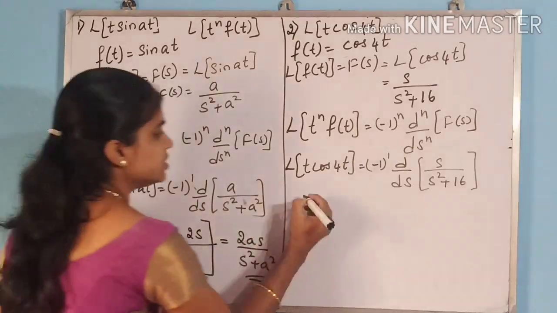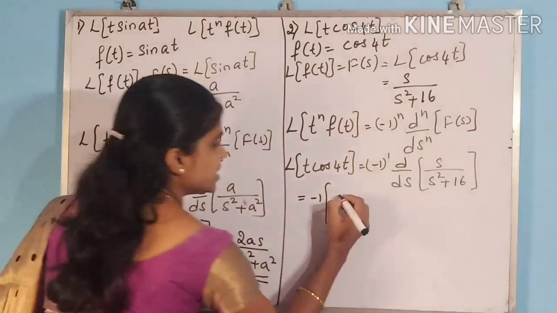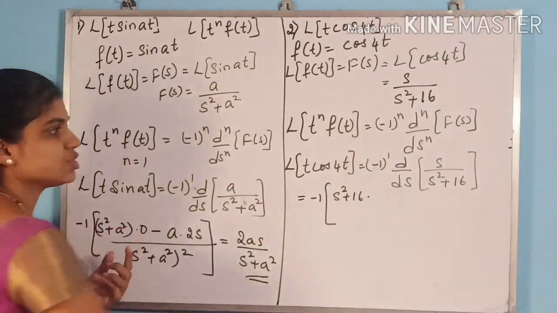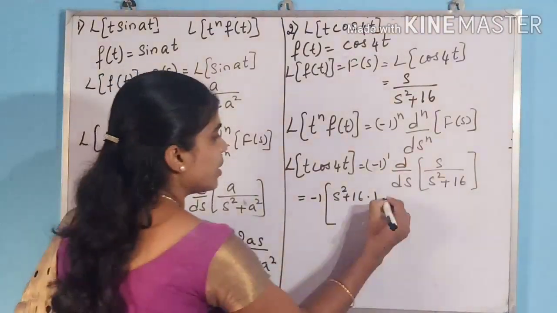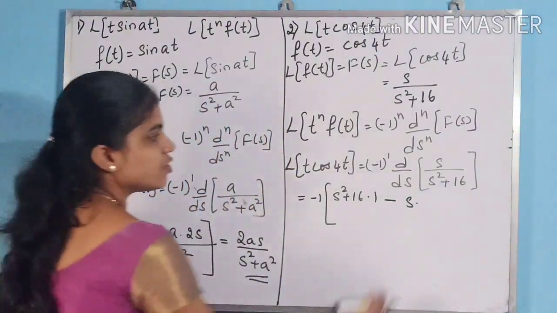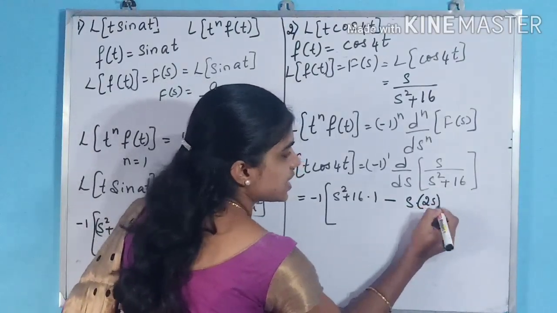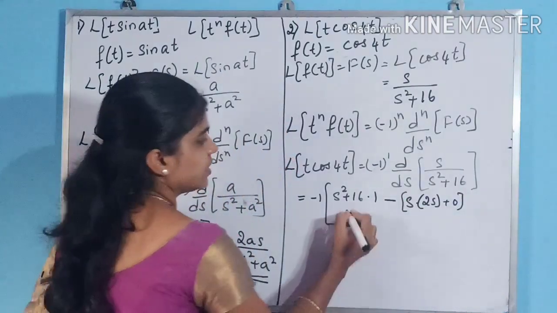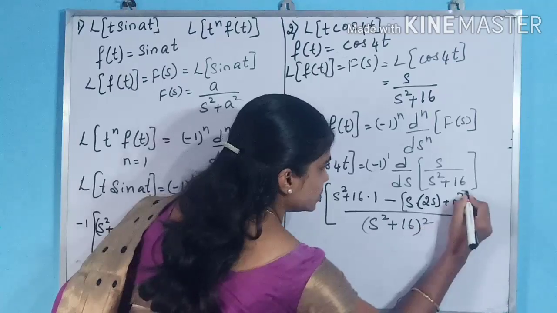So we have this equal to minus 1 into, s square plus 16 into differentiation of s, which is 1, minus s into differentiation of s square plus 16. Differentiation of s square is 2s and 16 is 0. Right? Divided by s square plus 16 the whole square.